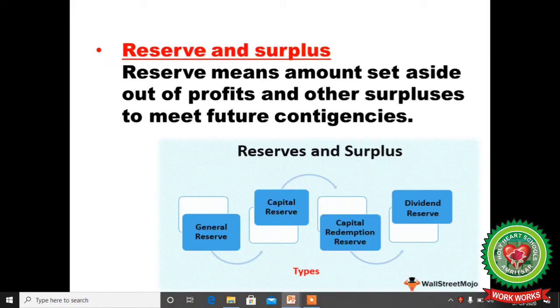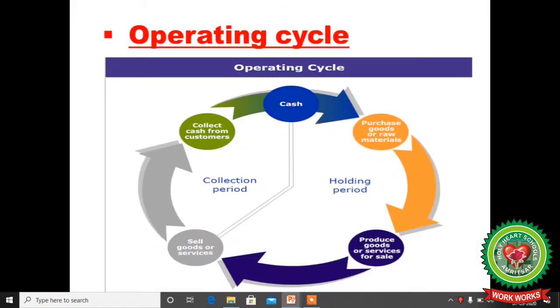Reserves and surpluses. Reserves means the amount set aside out of the profits and other surpluses to meet future contingencies. For future contingencies, when you reserve some amount from the profit, like general reserve, capital redemption reserve, dividend reserve. The next key term, operating cycle.